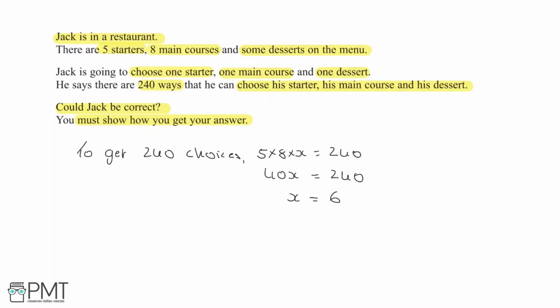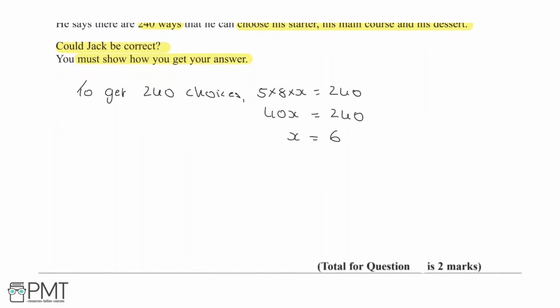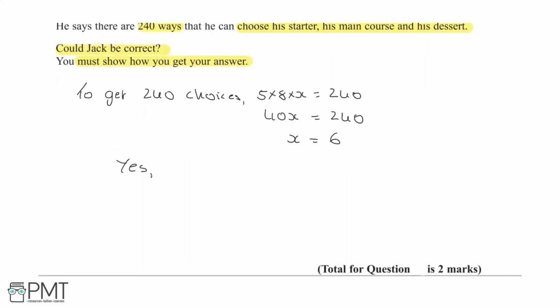Now we need to use a bit of logic here. Is 6 desserts a reasonable number for a restaurant to have? And for that it is yes. That is a suitable number. So we can say yes, as long as there are 6 desserts, and then in brackets, which is reasonable.